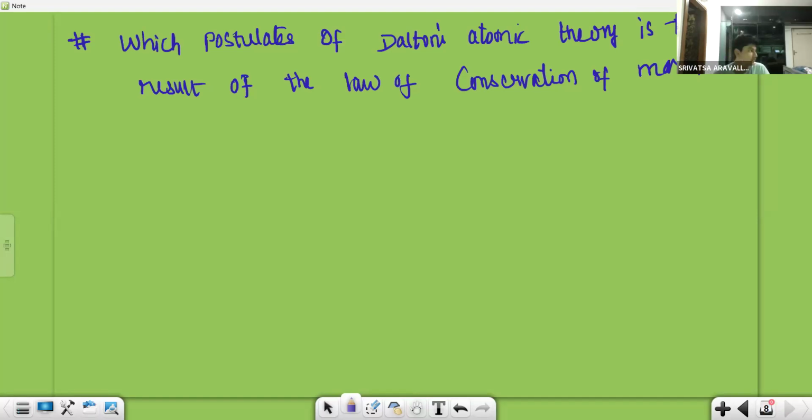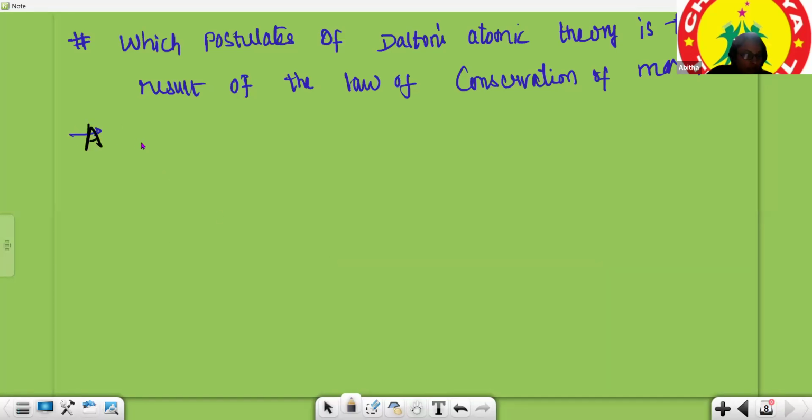Yes. So which postulate of Dalton is related to that? The answer is the postulate which is the result of the law of conservation of mass: atoms are indivisible particles which can neither be created nor destroyed in a chemical reaction.